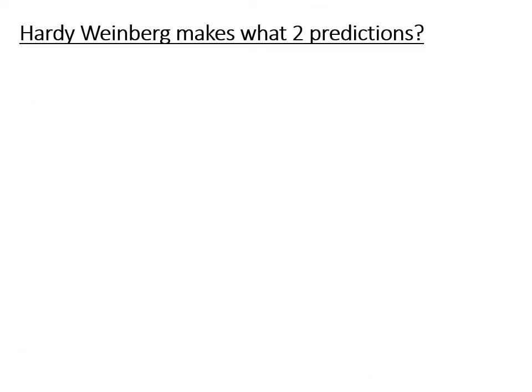Okay, so now when you use Hardy-Weinberg in order to study population genetics and in order to explore that relationship between allele frequencies and genotype frequencies, before we get into the two predictions that help us do this, I want to remind you that allele means the variations of a gene. So for instance, a capital A would be one type of allele, a dominant allele, whereas a lowercase a would be a recessive form of an allele.